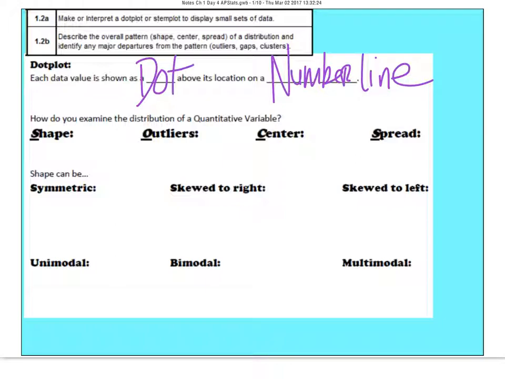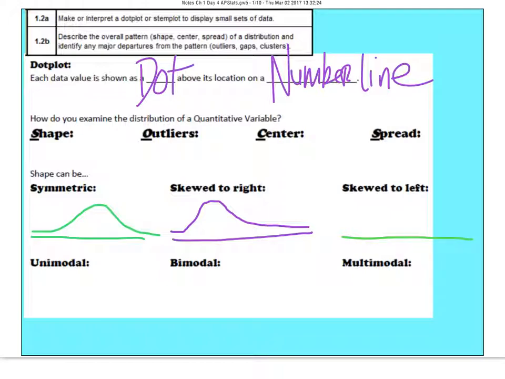If it's symmetric, you're going to see some type of pattern that looks equally balanced, such as this. If it's skewed to the right means you're going to see a tail forming on the right side of it. So this is where you're going to see a tail show up. If it's skewed to the left, what you're going to see is the data starts more on this side and you're going to see a tail more on the left-hand side.